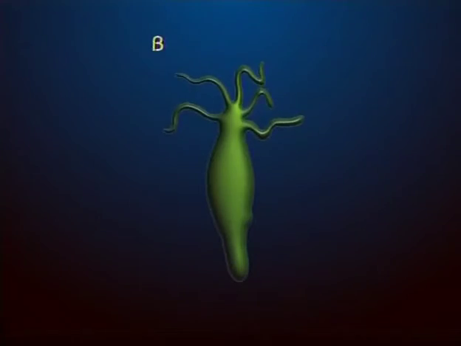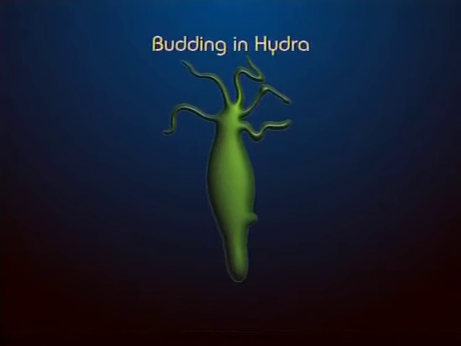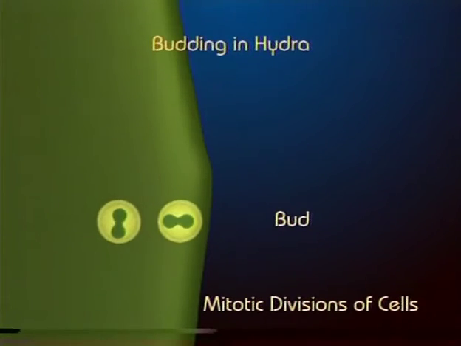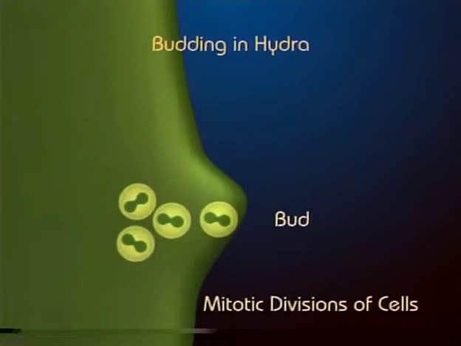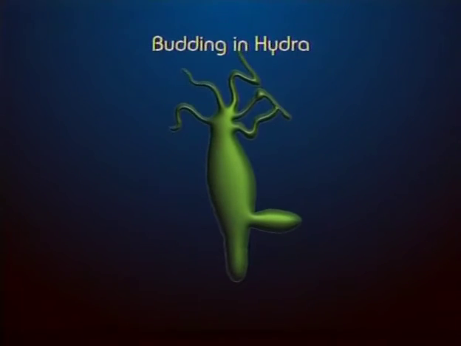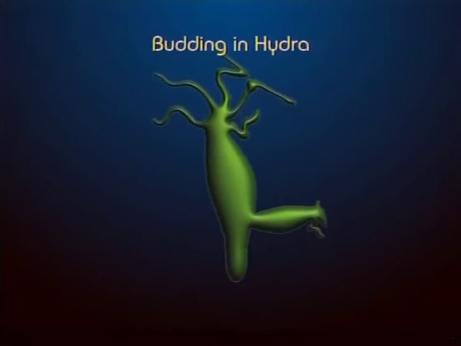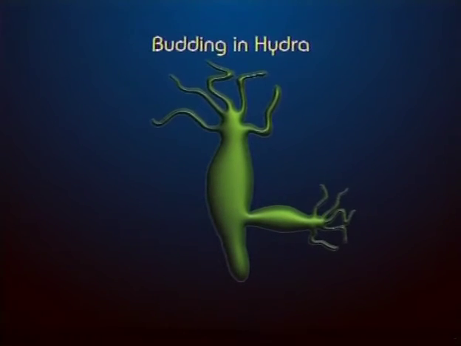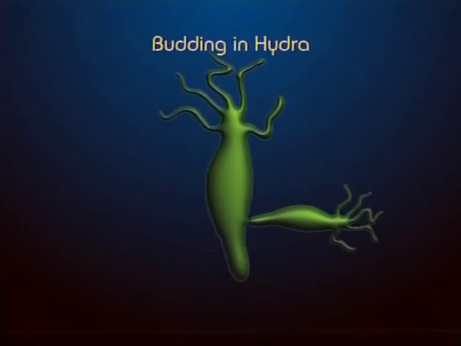So let us first have a look at Hydra. In Hydra, a small bud or projection is produced by repeated cell division. Gradually, after some time, the bud differentiates to form a tiny Hydra by development of tentacles and mouth. After some time, the tiny Hydra separates from the parent.